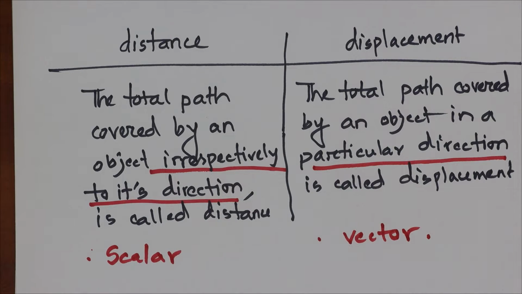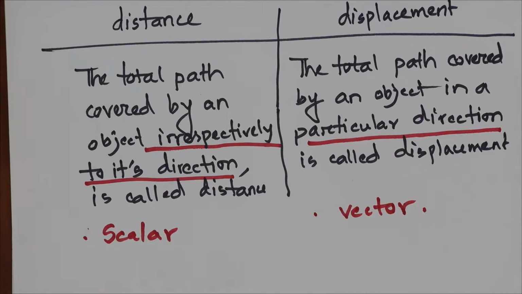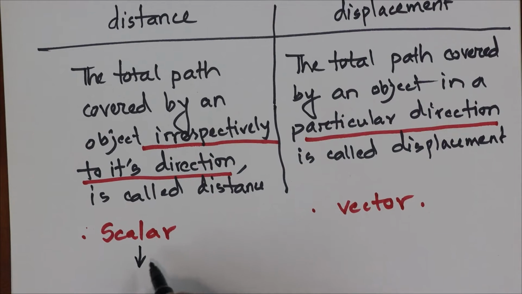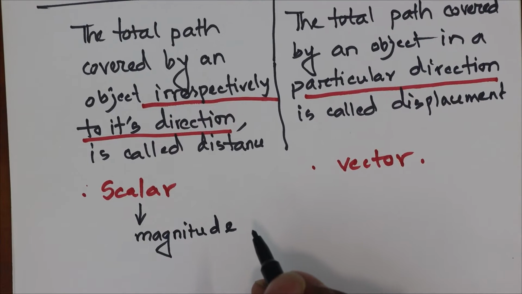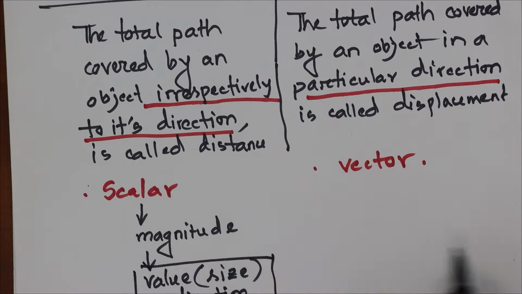Why? Because we know a scalar quantity has only magnitude. Magnitude means value or size. So a scalar quantity has only value or magnitude, no direction.